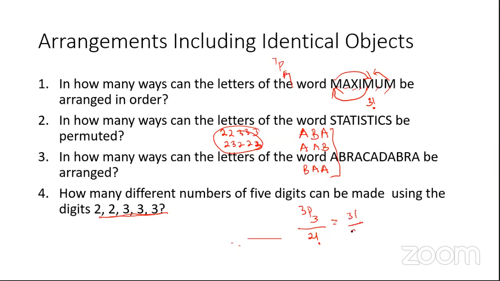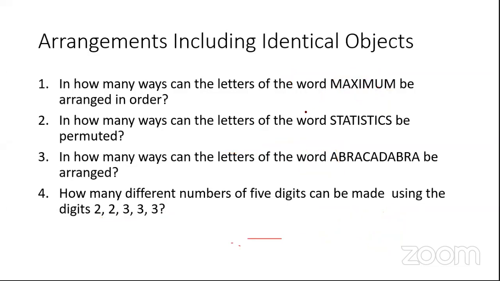If I divide by 2 factorial, it will give me 3 times 2 factorial over 2 factorial, and that will give me 3. So that's why I have 3 here. Anytime you see something like this, you have to divide by the number of repeated arrangements. That is what you are going to do.